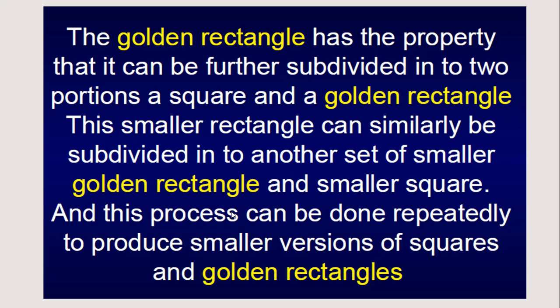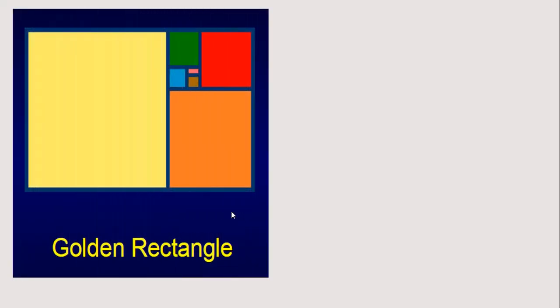And because of this, the golden spiral was, of course, discovered. So this is an example of a golden rectangle. If you look at the shape, the shapes are the same from the smallest to the biggest, and it keeps on repeating, and the size just keeps on getting bigger, but it's proportional.